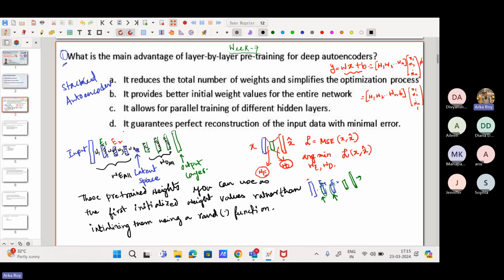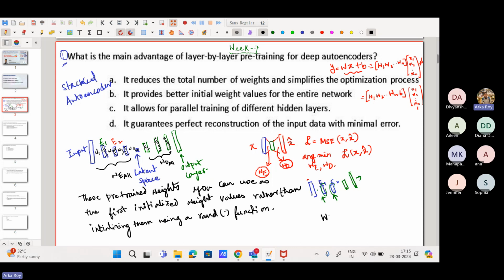What happens is that if you have not pre-trained the model, from scratch you have to train this whole big model. Initially, all these deep learning models are optimized using the gradient descent optimization technique. In gradient descent, what is the formula?